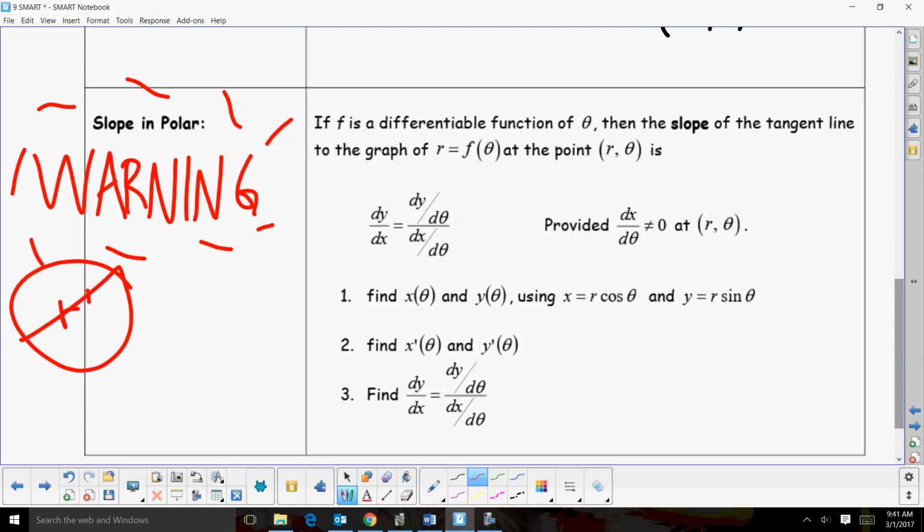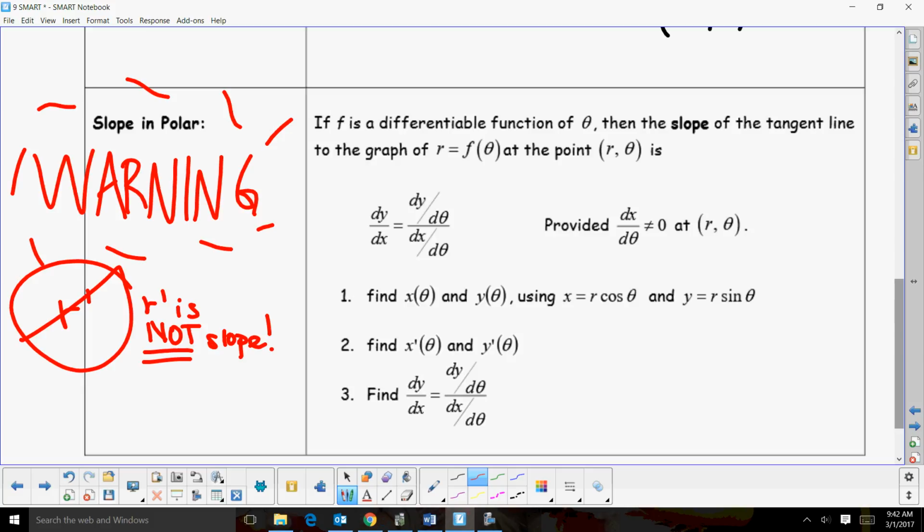No! Okay? R prime is not slope. We're going to learn what that is in 9.5. But r prime is not slope.